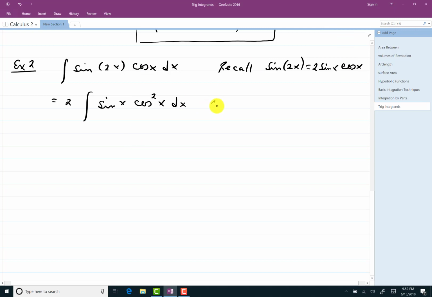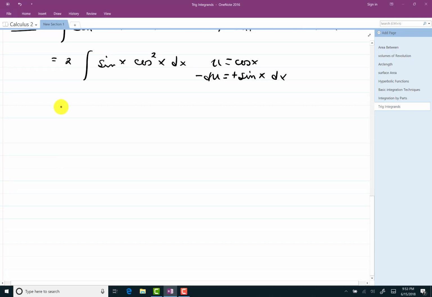Now I can let u equal cosine of x. Du will equal negative sine of x dx. Or better yet, let me put the negative in front of the du and change that to a positive sign. So this becomes negative 2, the integral, u squared du, because I've got the negative taken care of, and then I need sine of x dx, and there's sine of x, and there's dx.